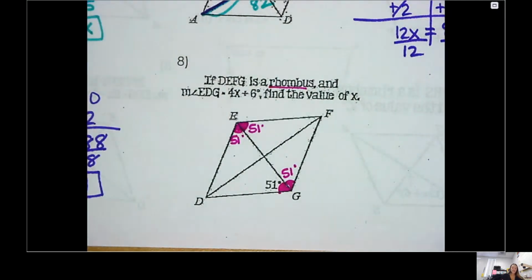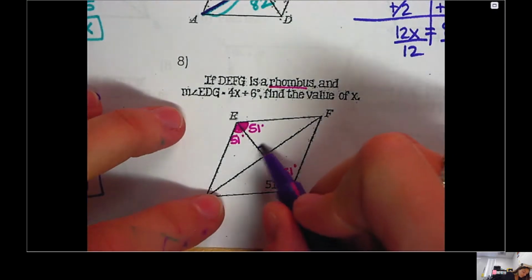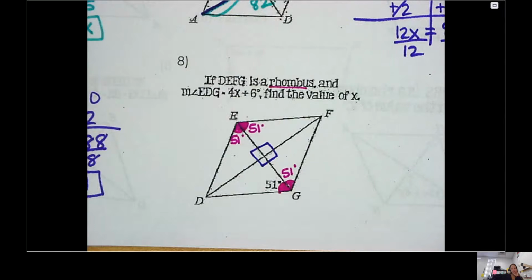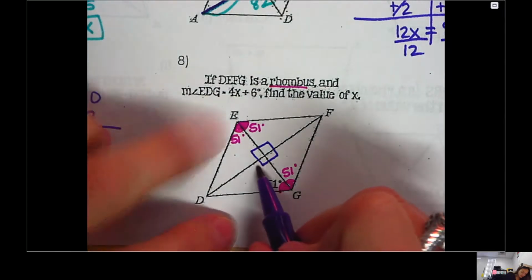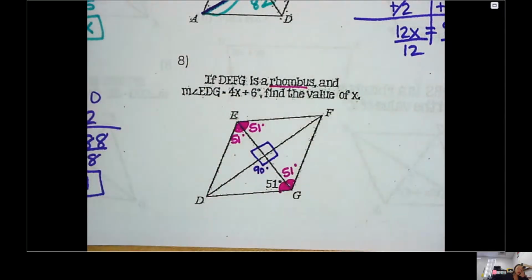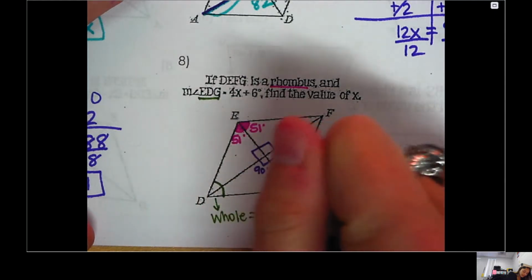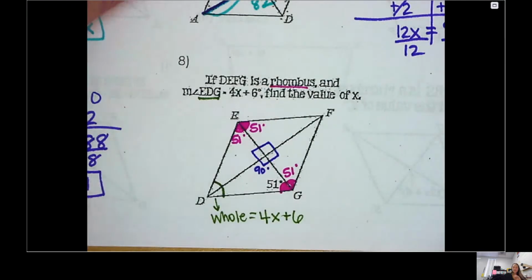I also know that in the interior, each of these is 90. So if I want to put a little 90 here, I can. The last thing I tell you is that angle EDG, this whole angle D, the whole thing, is equal to 4x plus 6.